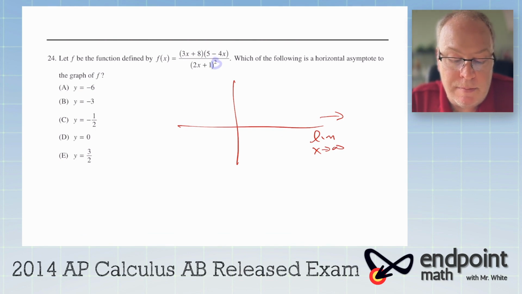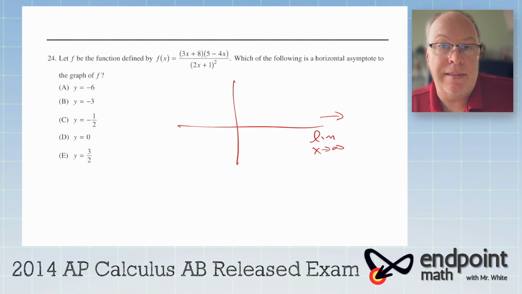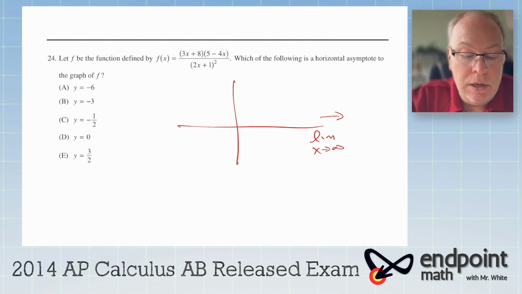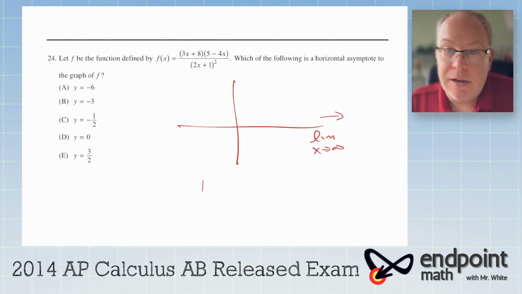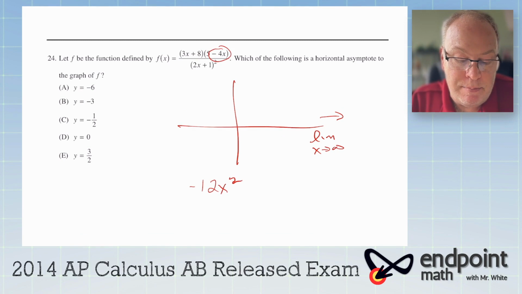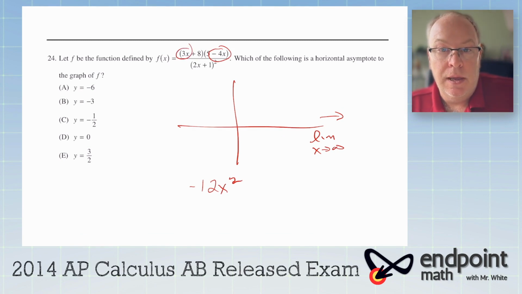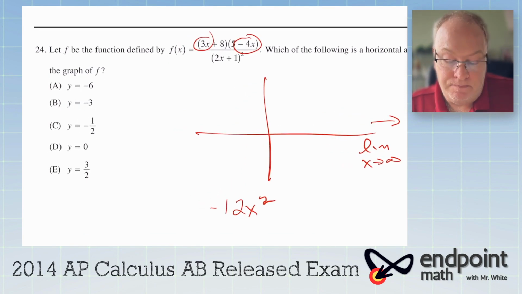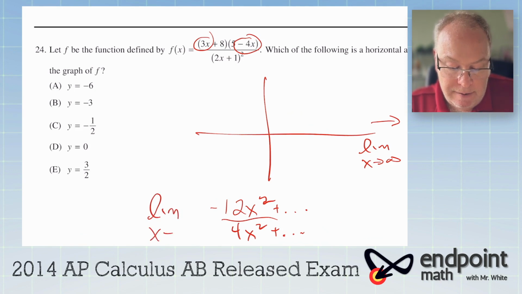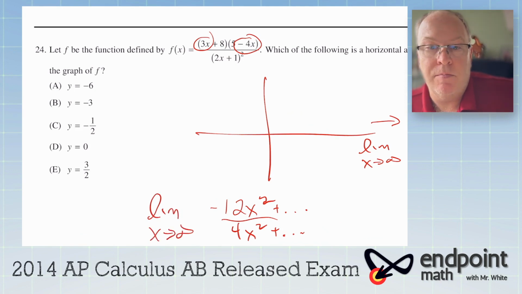We have a square on the bottom and we would have a square on the top. If we multiply that out, if we FOIL it out, I'm not going to do the whole thing, -12x squared would be my term on the top, and my term on the bottom would be 4x squared. Now there'd be extra funny business here, but as you know, when you're plugging infinity in, those don't matter anymore.